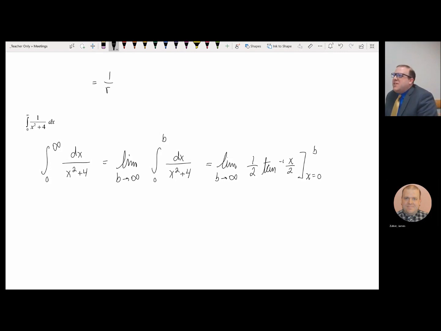It's one half inverse tangent of x over 2. It's number 16. I usually am right. My wife will say otherwise, but I usually am right.